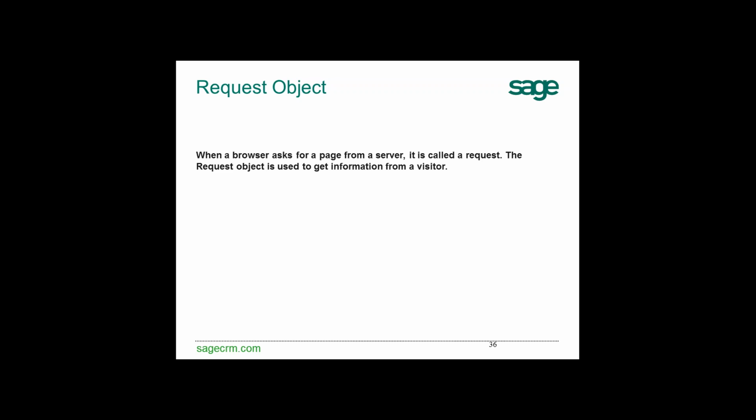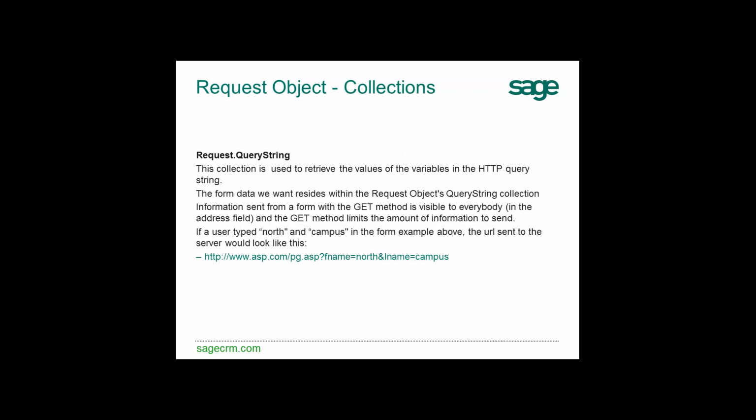The ASP page sits on the IIS server. So you actually get quite a lot of information about the entire request and the web server itself, potentially within the request object. And this request object gives us mechanisms to get whole stacks of information.